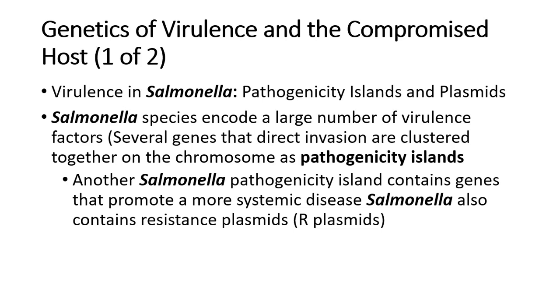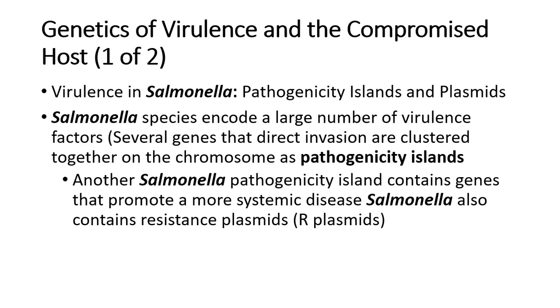Virulence in salmonella: something interesting is that you can have what's called pathogenesis islands and plasmids. Now, salmonella gives you a really nice diarrhea and other diseases. We'll talk about that later.